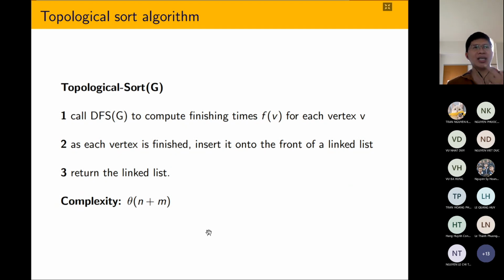But when we check that list against the constraints of the topological order, it will not be correct anymore, because we have the loop, and with a loop we cannot have a topological order.